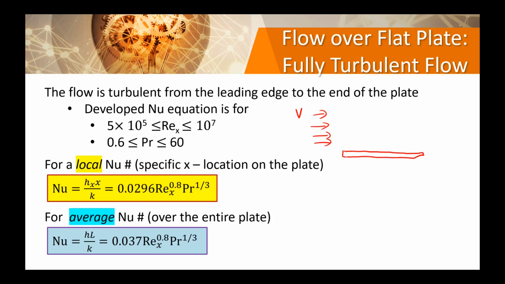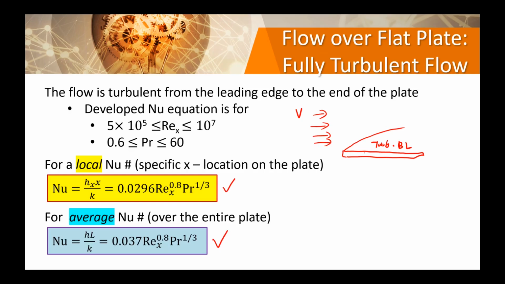So then you will have right away a turbulent boundary layer, right? Now, only when the question specifies that this is a fully turbulent case, then you will use this for the local heat transfer or the local Nusselt number, and you will use the blue one for the entire plate's Nusselt number and entire plate's heat transfer.